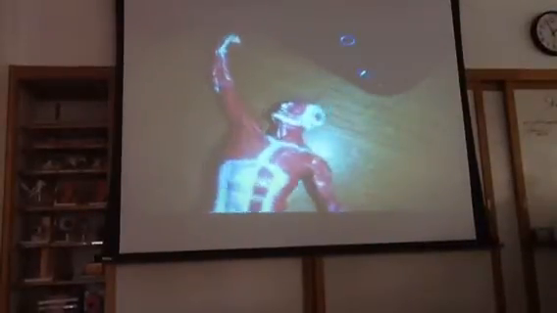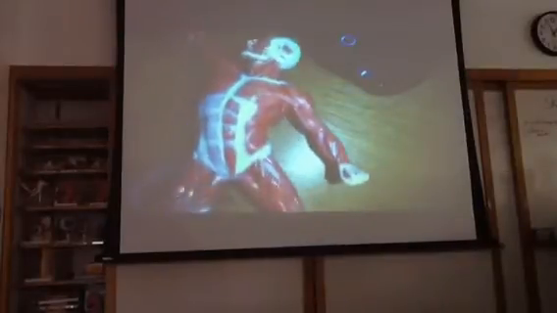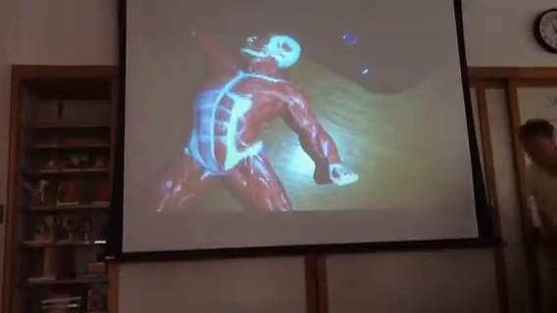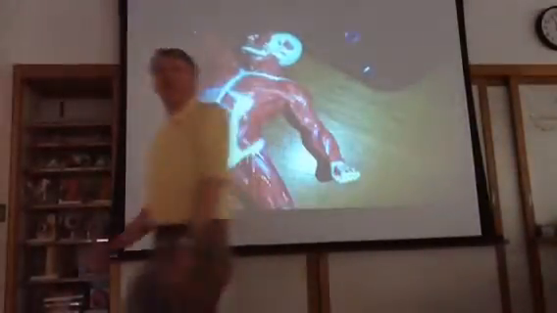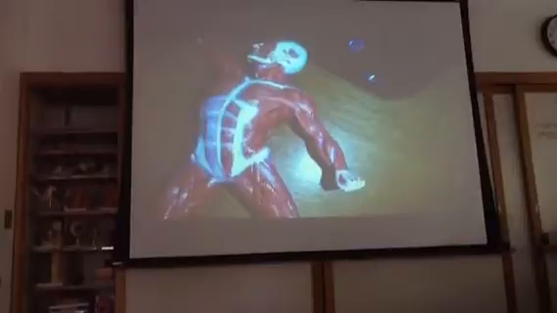External intercostal muscles: it's not deep enough on here to show you those, but those are little muscles that run between the ribs. What does inter mean? Between. What does costal mean? That means ribs. I'm just looking to see if any of these models have it, and none of them do.